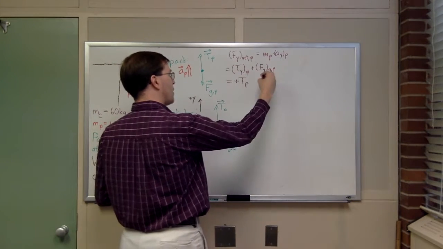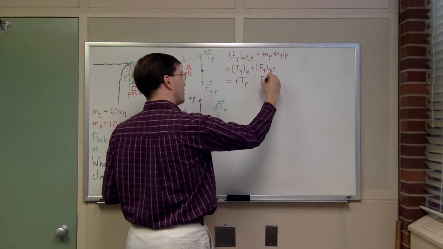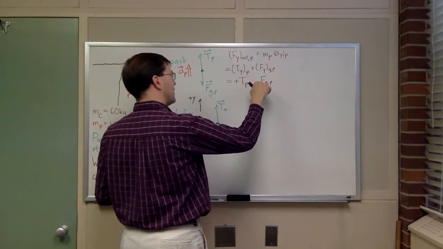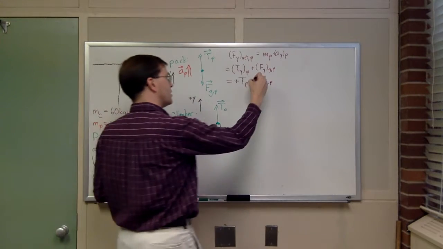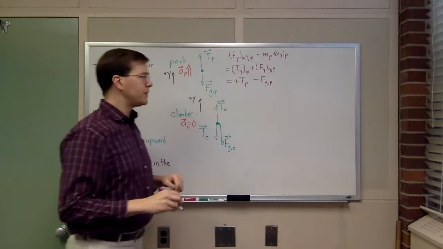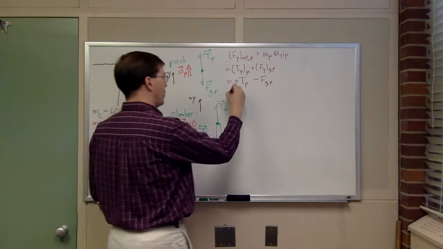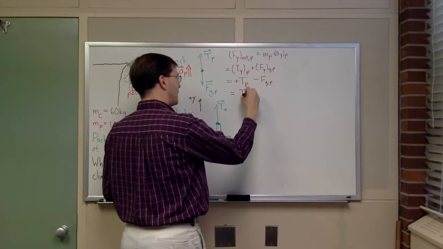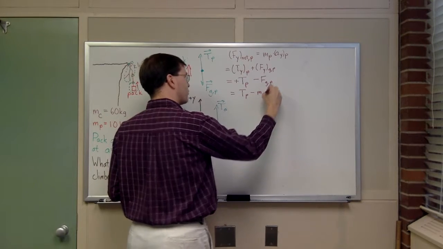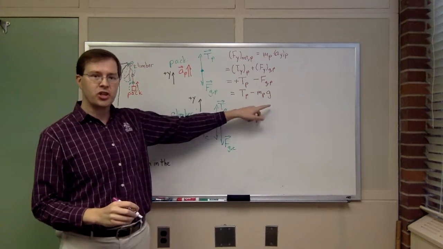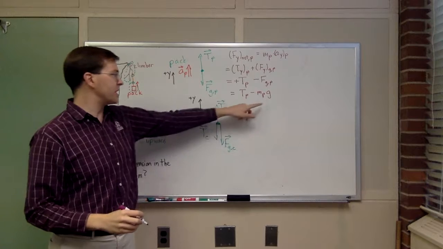Similarly here, my magnitude is going to be the magnitude of Fg on the pack. And looking at the diagram, I've drawn that force in the negative y direction. So I put a minus sign here. I even know that this is T pack minus M pack times g, because the force of gravity on an object is just its mass times little g, 9.8 meters per second squared.